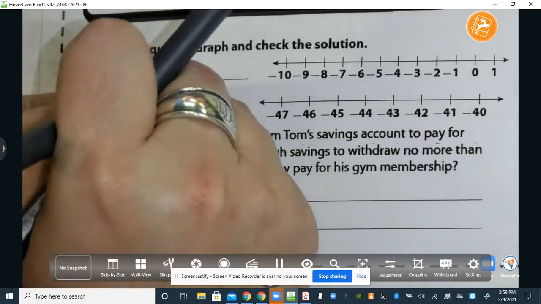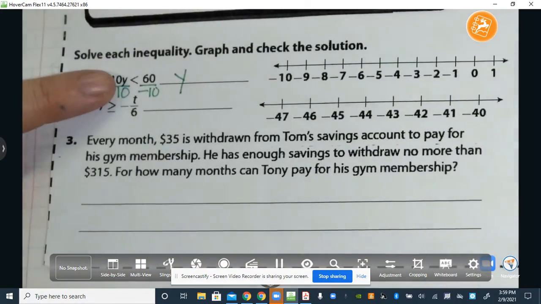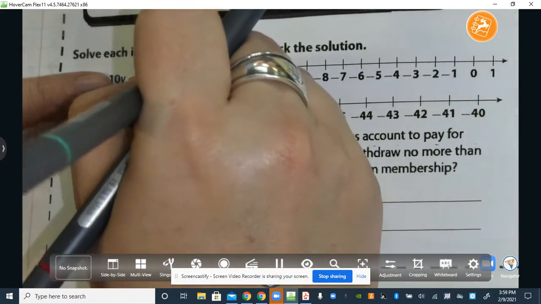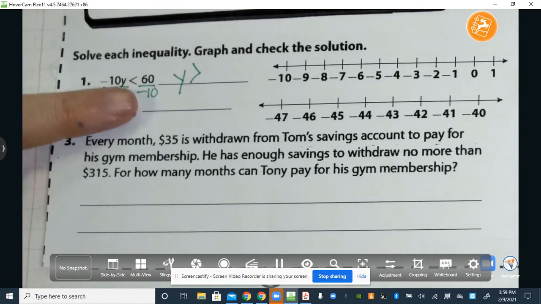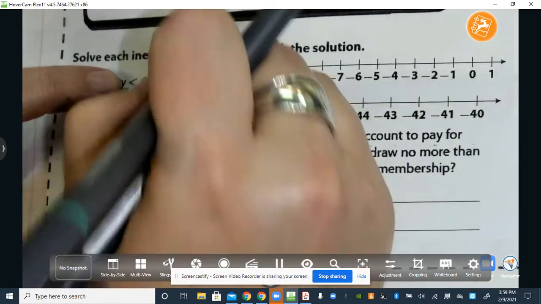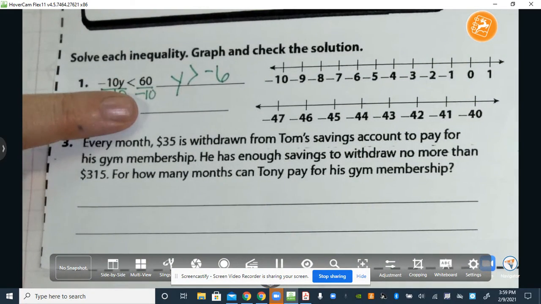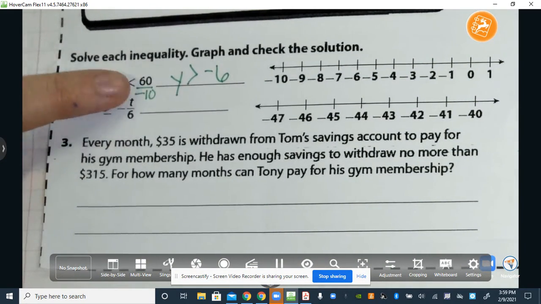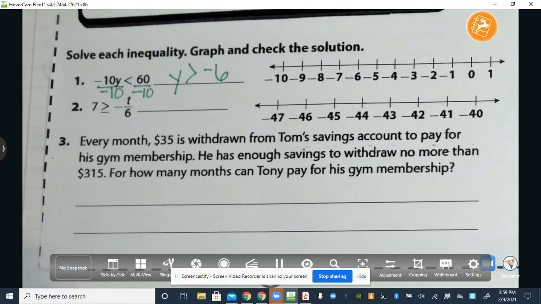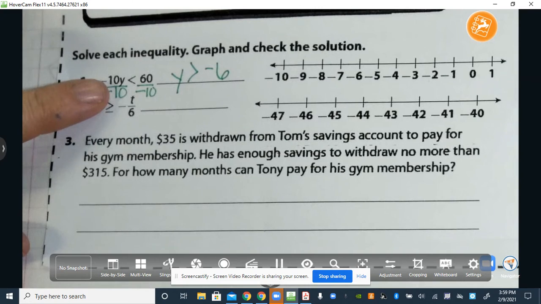So I'm going to divide this side by -10. So then I'm left with y. Flip it around. Just go the opposite direction. And -10 can go into 60 how many times? -6 times. Or you can say, well, 60 divided by 10 is 6, and I have a negative, so it would be a -6.